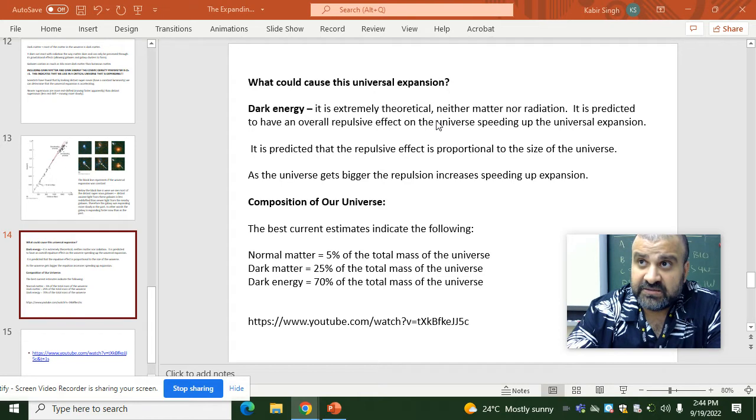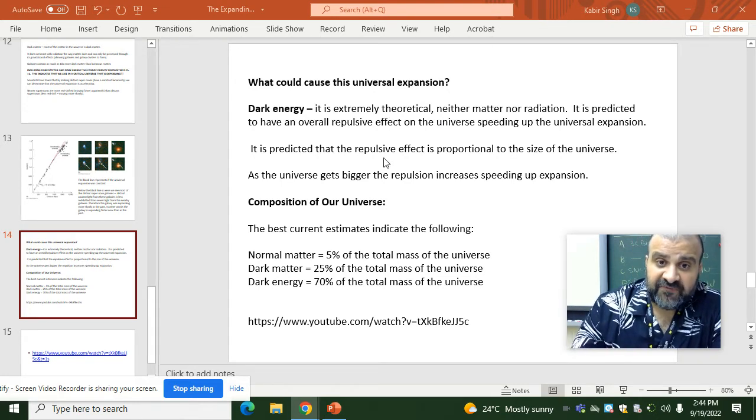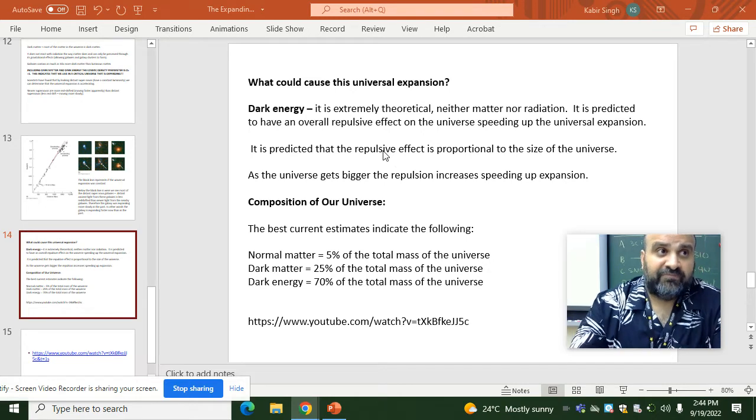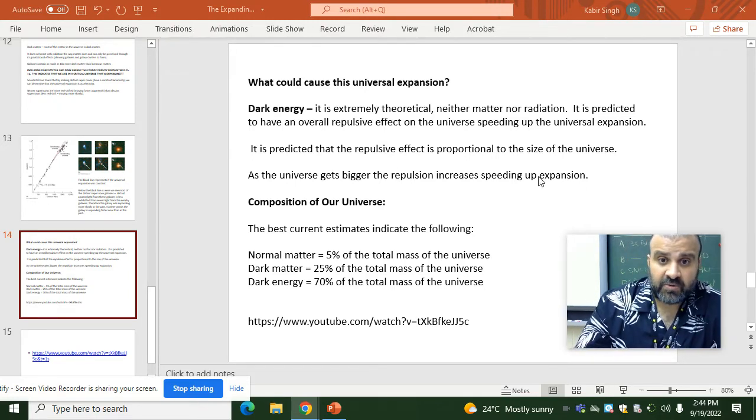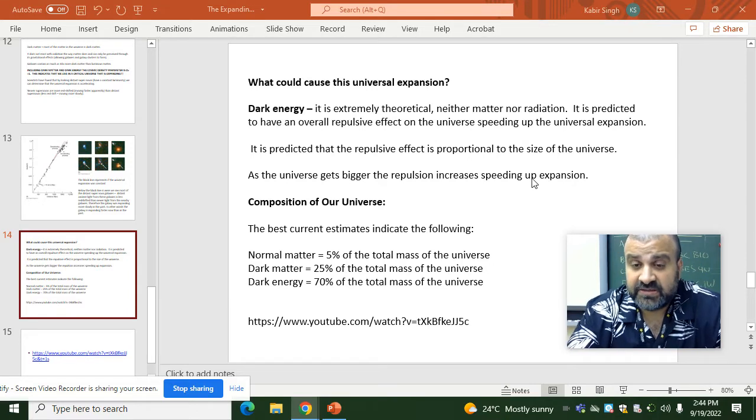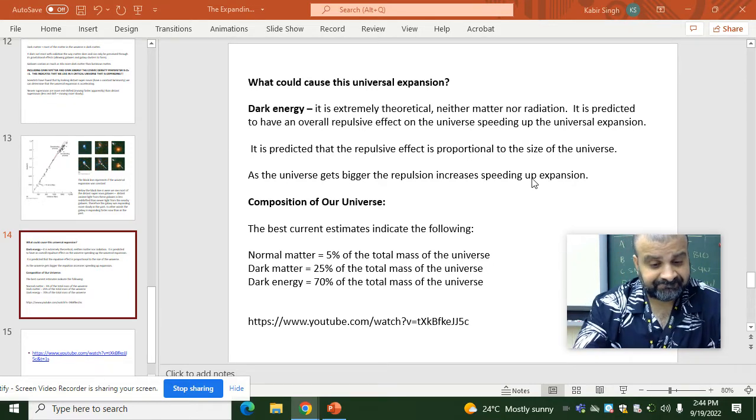It is speeding up acceleration, and the effect of its repulsion of pushing the universe outwards increases with how big the universe is. So as the universe gets bigger, the repulsion increases, speeding up expansion. Again, the scientists are guessing. We don't know. We don't know why the universe is expanding faster and faster and faster, but it is.